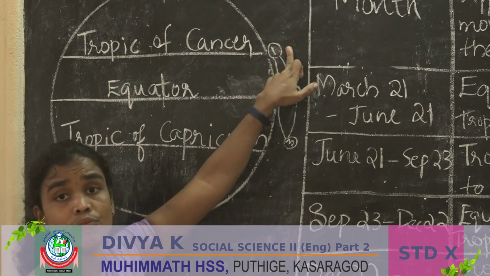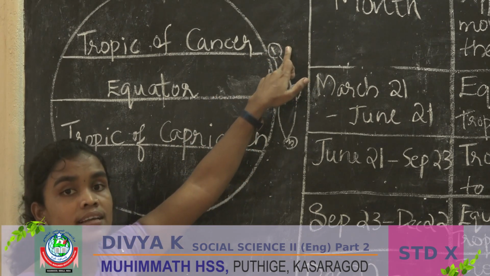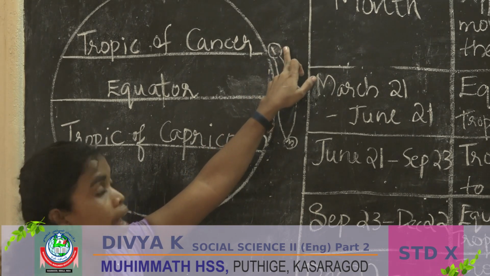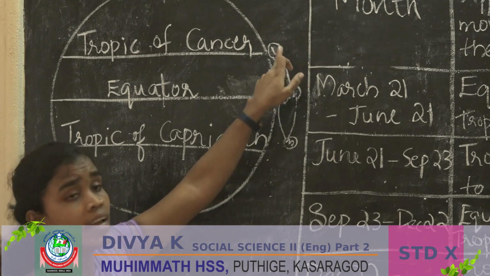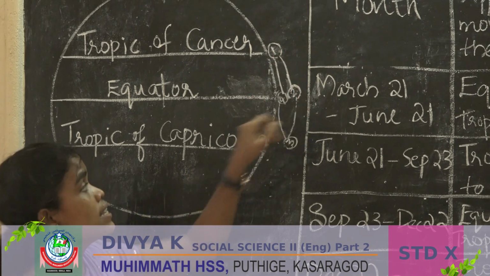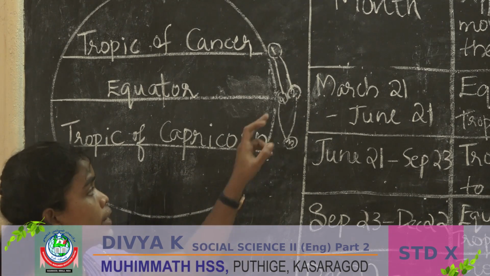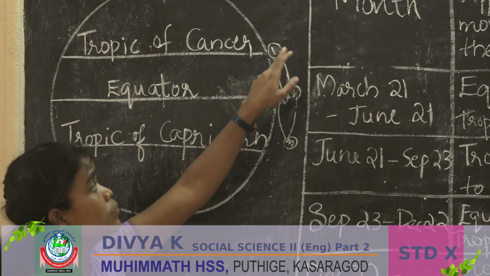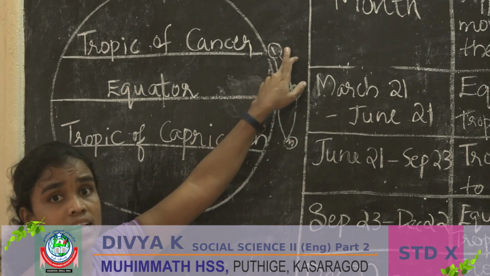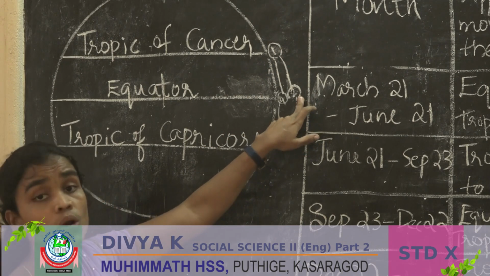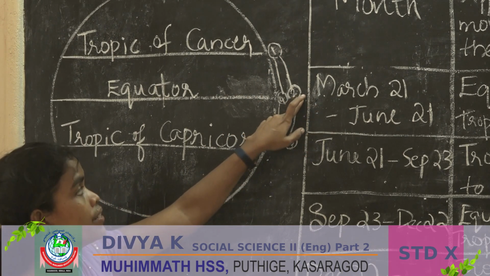On June 21 the position of the sun is at the Tropic of Cancer, and it begins its southward apparent movement and reaches the equator on September 23.